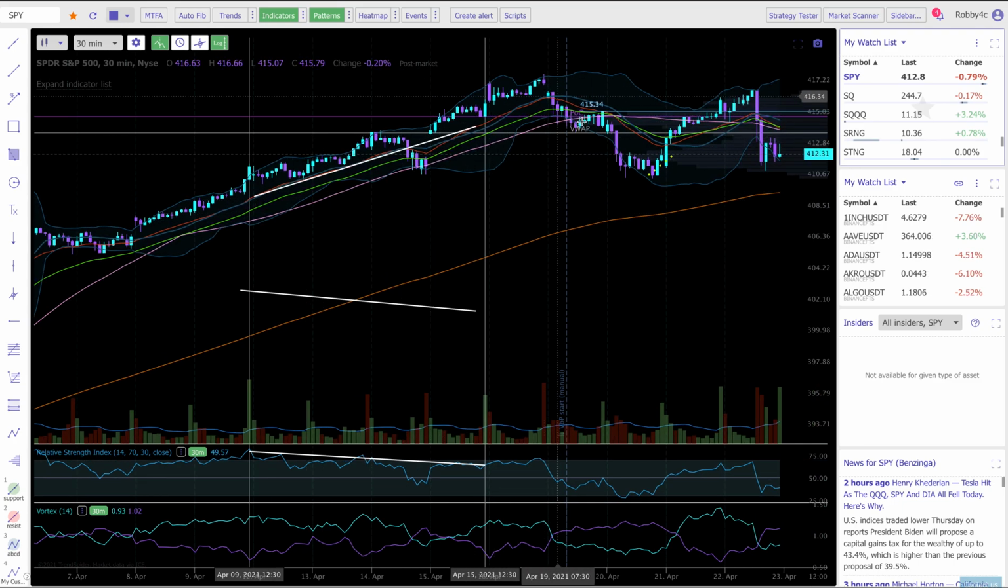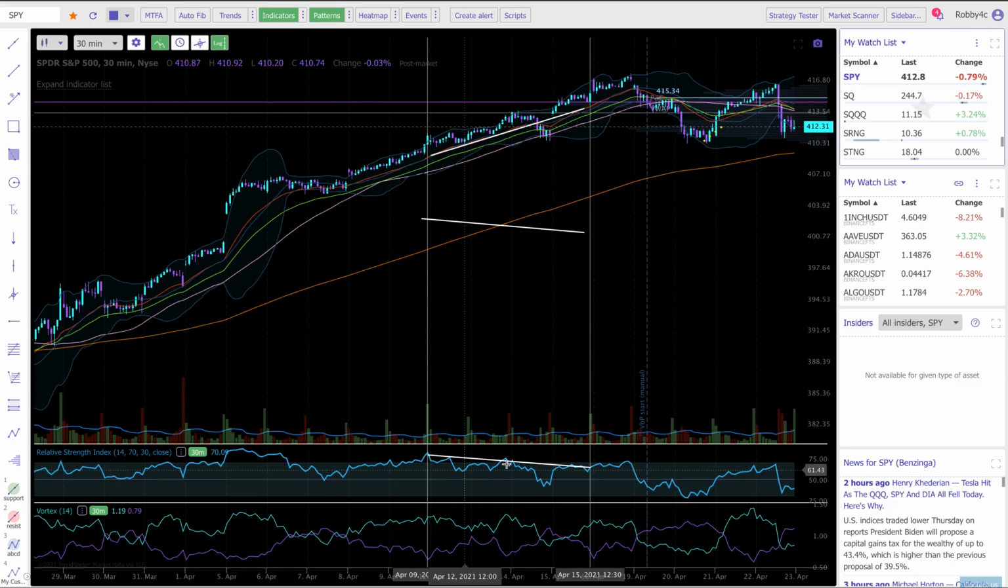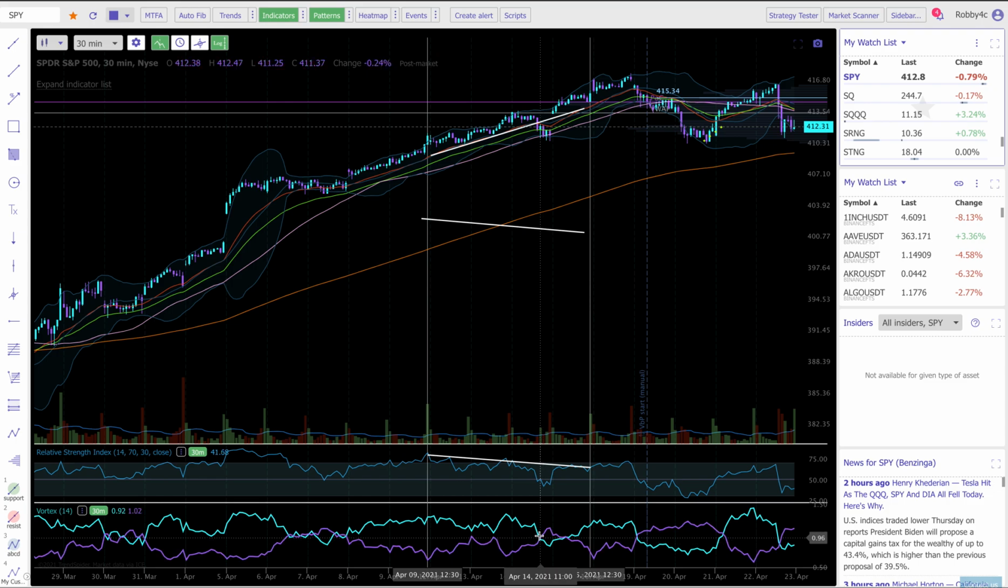And whether or not that was giving indication that this was going to be taking place, I'm not sure, but this is definitely a place where you would look to scale out of any longs that you have as the stock is going up and the RSI is working itself down. So using the RSI to spot weaknesses in the stock is extremely important. You can see that the vortex did pick it up as well.